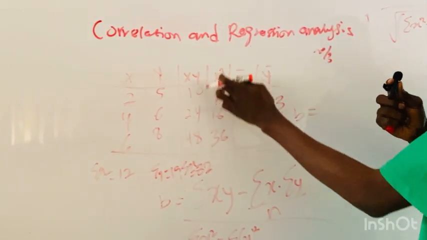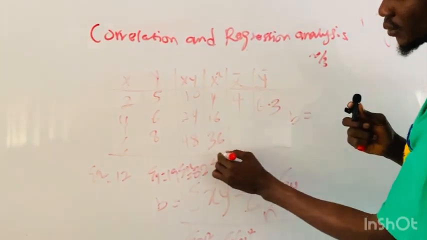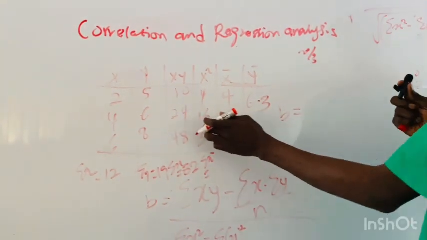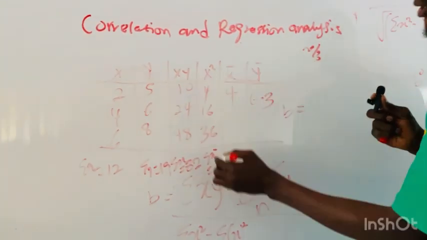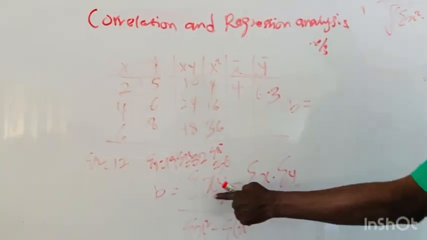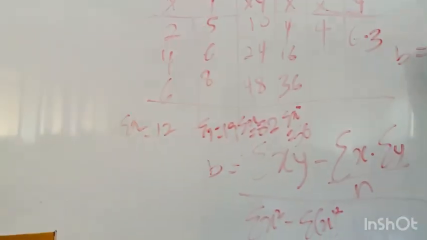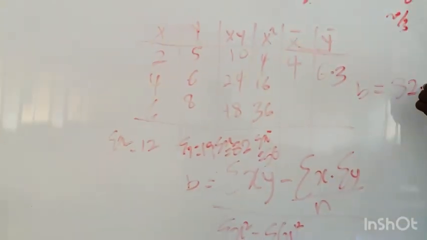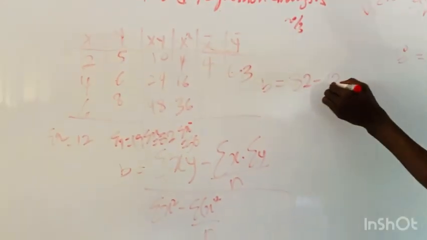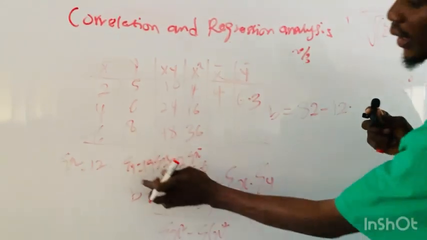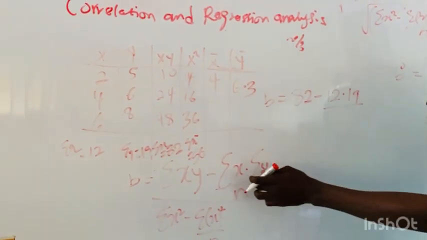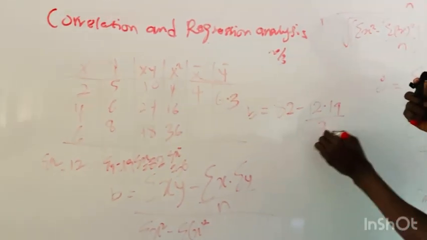Then this one, summation of x square, we'll be having 36 plus 16 gives us 52, 56. So summation of xy is going to give us 82. Then 82 minus summation of x 12 dot summation of y 19, all divided by n, the total number of population, which is 3.